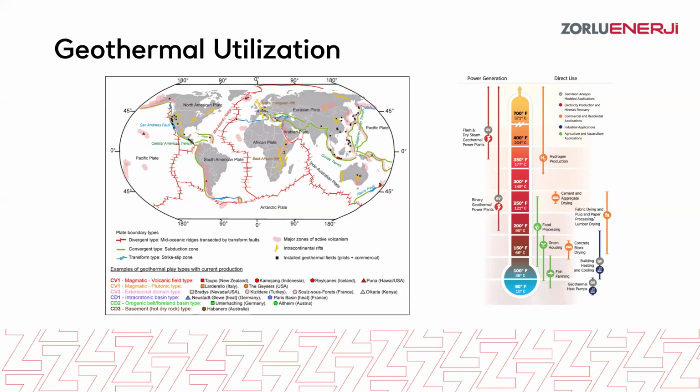So here, on the left side, we are seeing different fields over the world, the most famous fields. You can see Topo or Kızıldere here, also Iceland here.